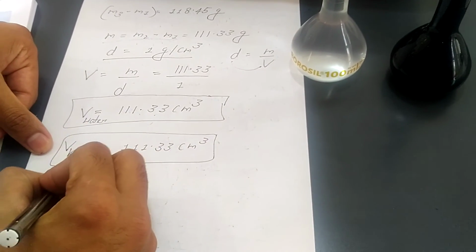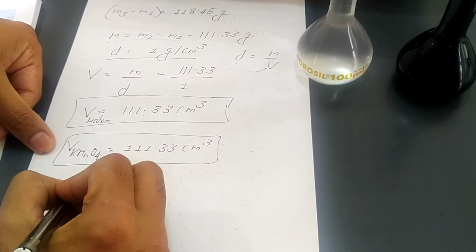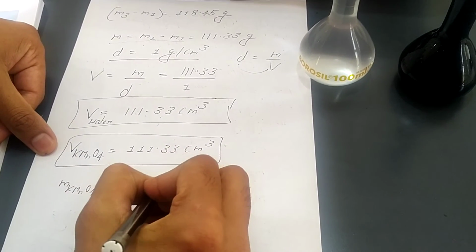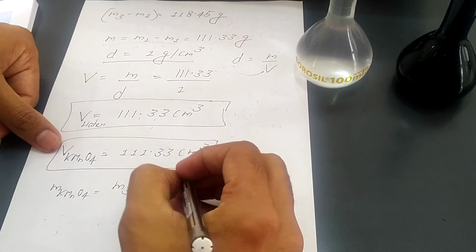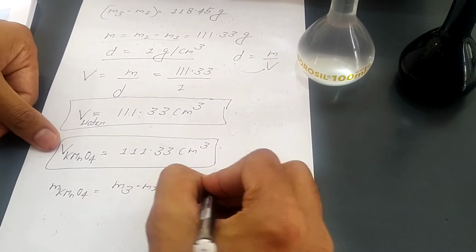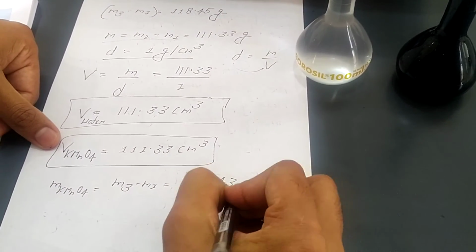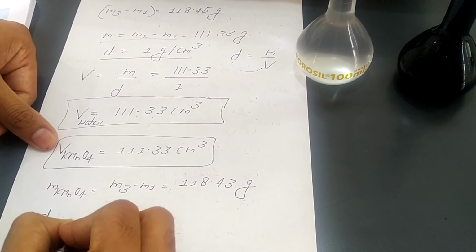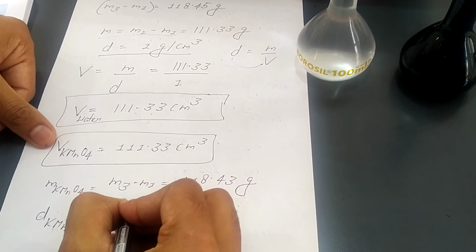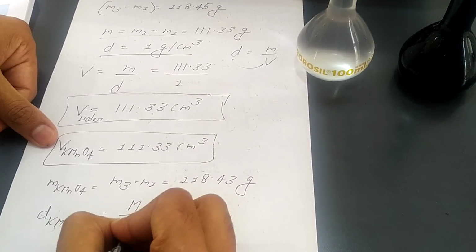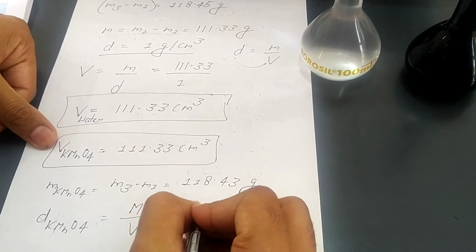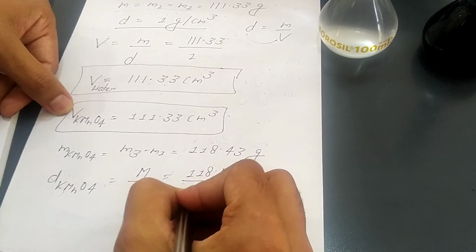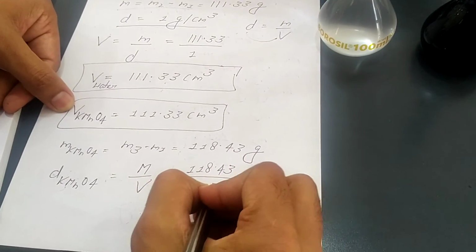Now I know the mass of KMnO4 also, which is M3 minus M1, that is 118.45 gram. Now I have to calculate the density of KMnO4. Easily you can calculate, that will be mass upon volume. How much is the mass? 118.45 upon the volume, which is 111.33.